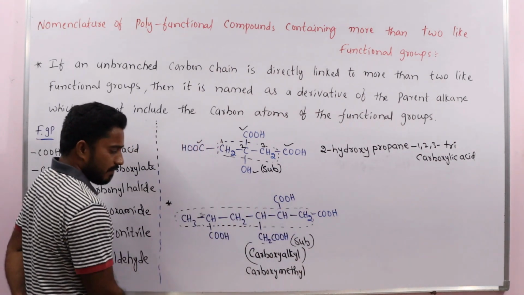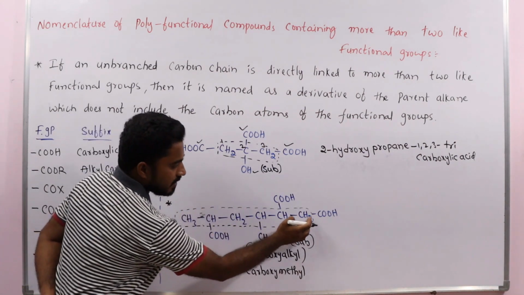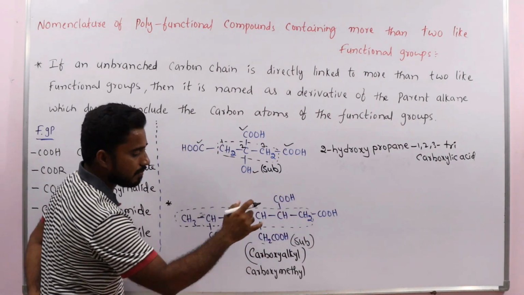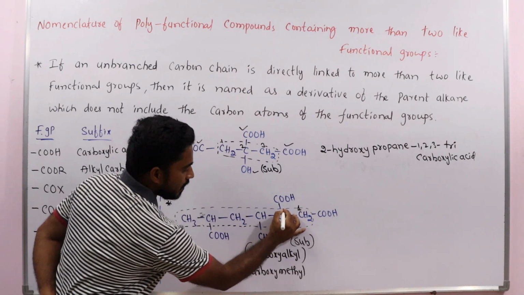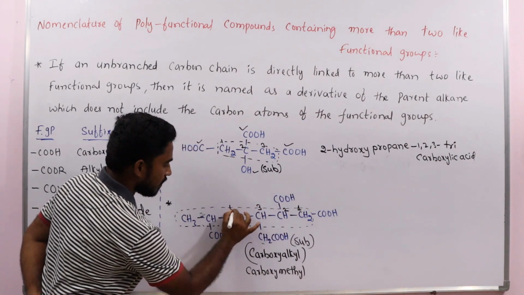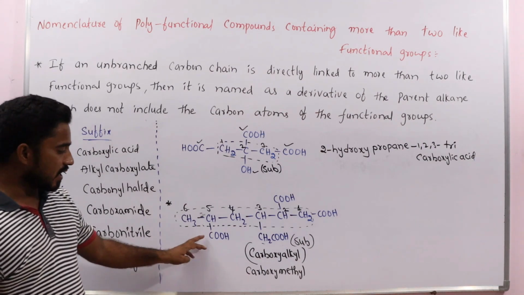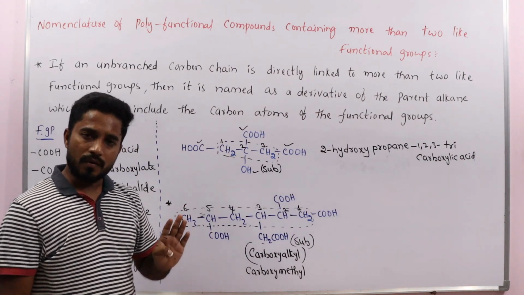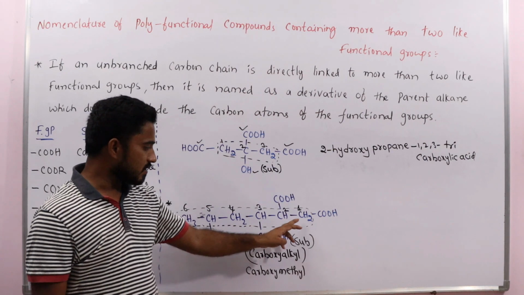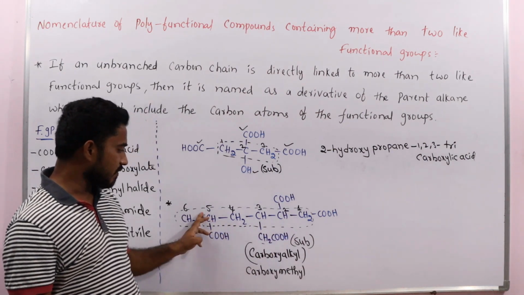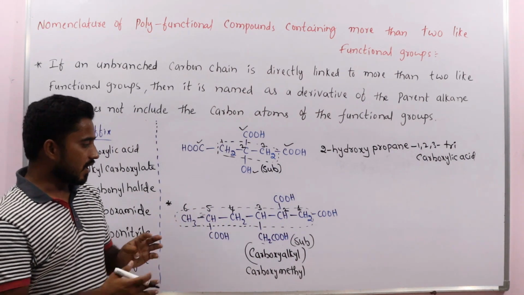Now the numbering: from where should we give it? From this side, because COOH should get the least number. 1, 2, 3, 4, 5, 6. The COOH groups which are directly bonded to the parent chain are present at first, second and fifth positions. Then write the name.